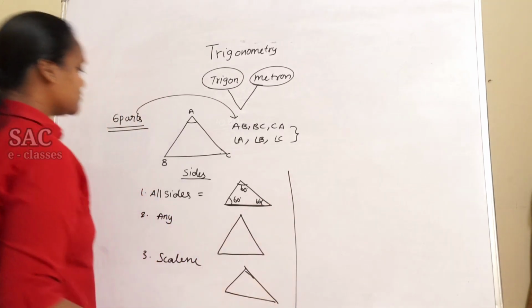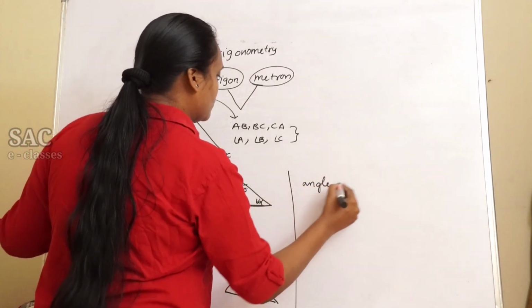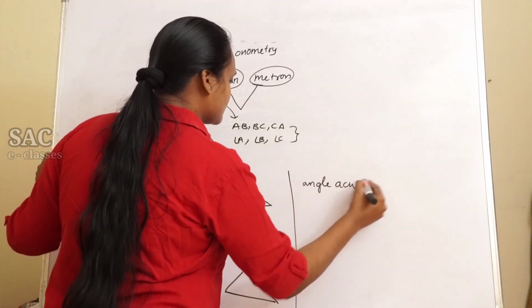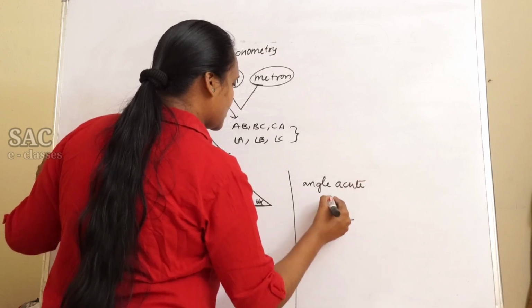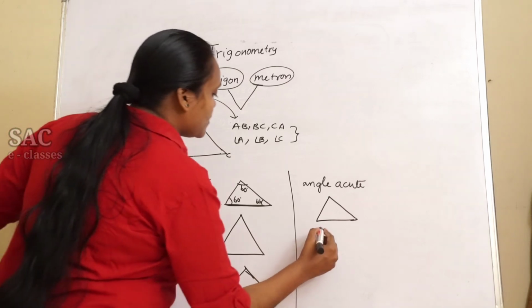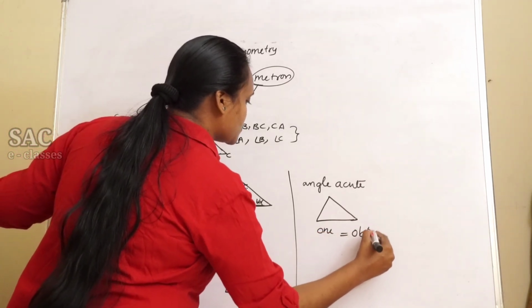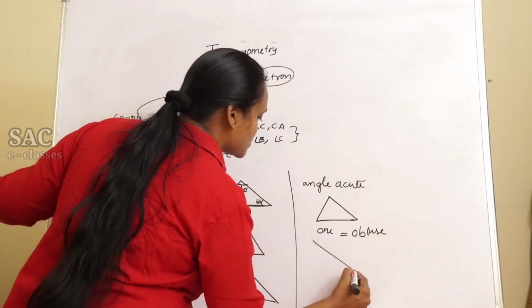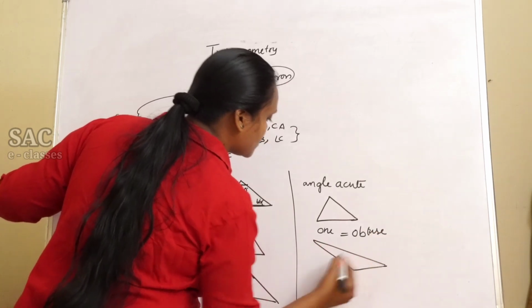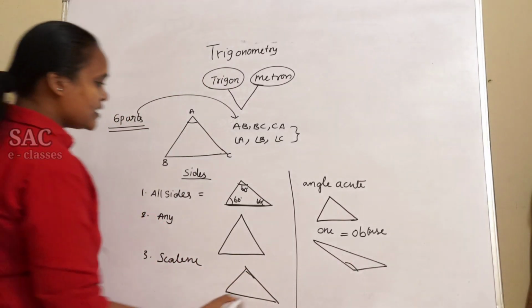Based on the angles, if all the angles are acute, we call it an acute angle triangle. If at least one is an obtuse angle, the maximum number of obtuse angles in a triangle is only one, we call it an obtuse angle triangle.